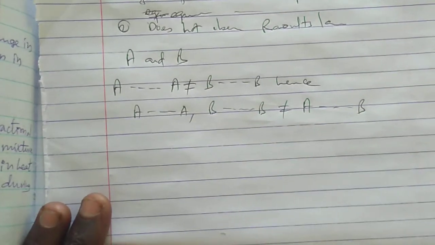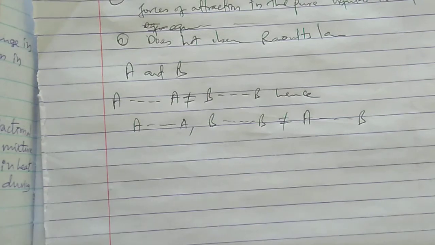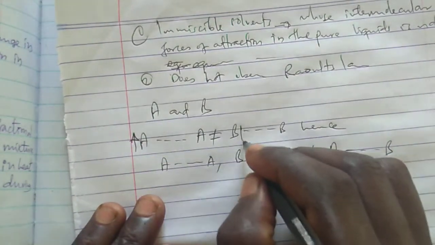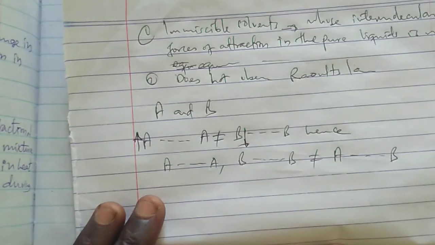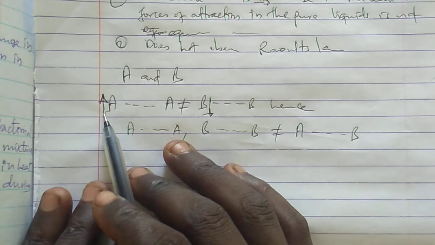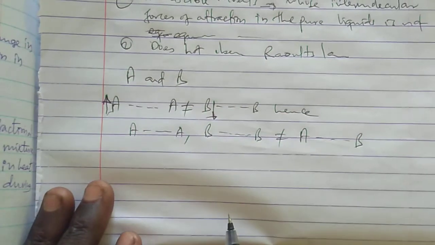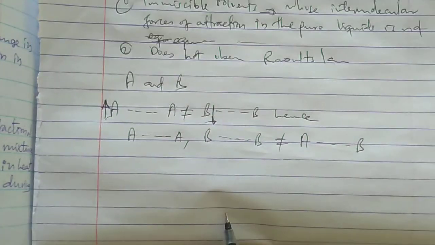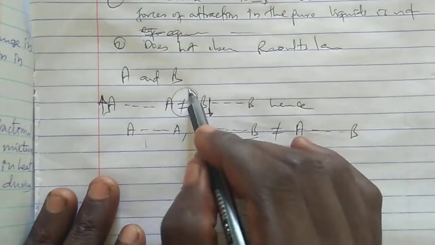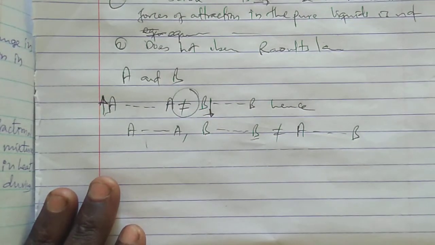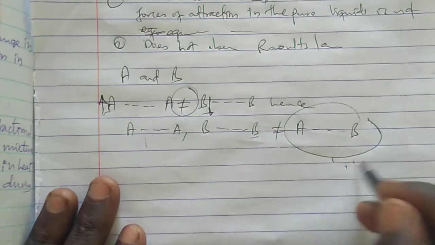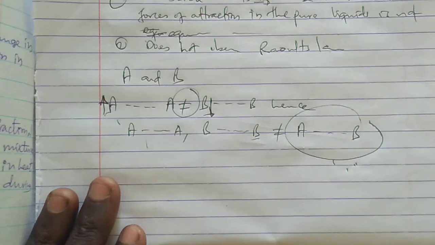So this has two meanings. Let's say liquid A has a higher intermolecular force of attraction as compared with liquid B. So what will be formed here? If A and B don't have the same intermolecular force of attraction, that means the solution will not have the same intermolecular force of attraction as that of the solvents.